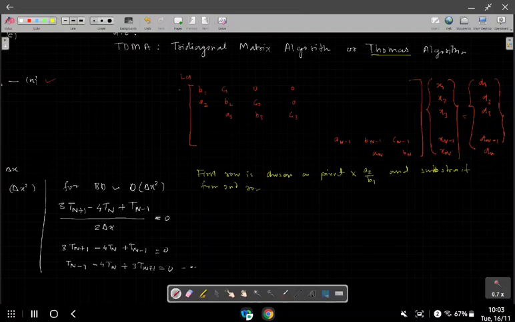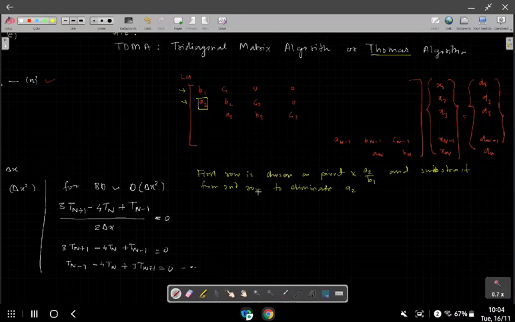Okay, so this is the first row and second row. You choose a pivot and multiply it by A2 over B1 and subtract from the second row to eliminate A2. Our objective is to eliminate this.